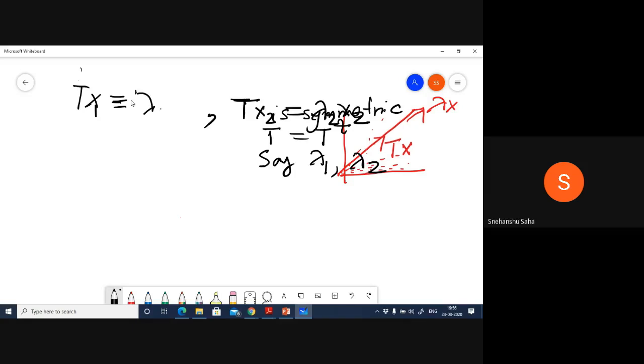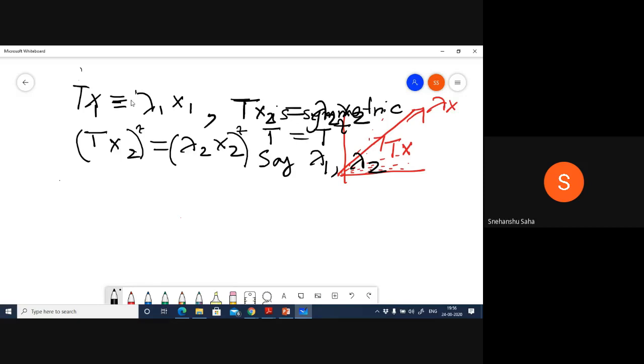T x1 is lambda 1 x1 and T x2 is lambda 2 x2. Okay. All right. Now let's do a little trick. Let's take the transpose on both sides. I can do that, right?